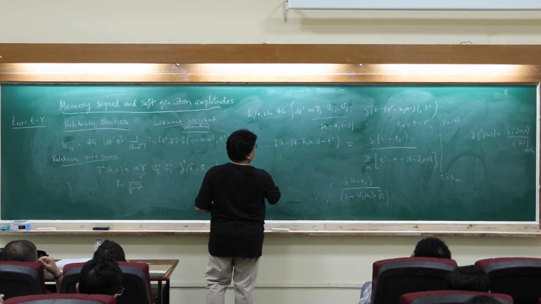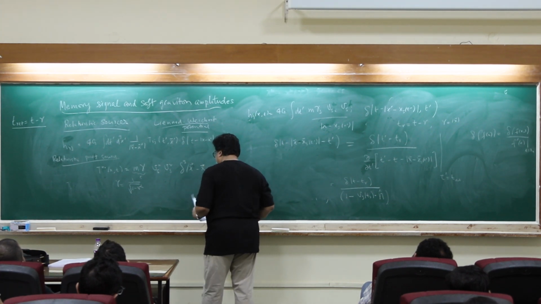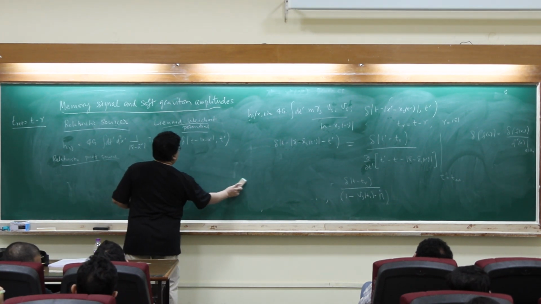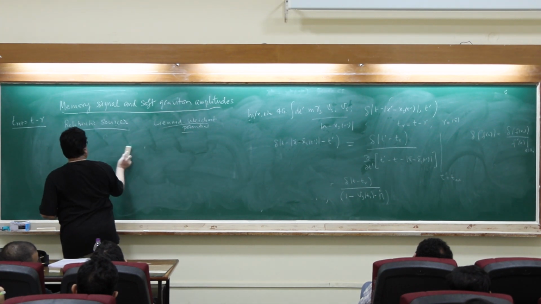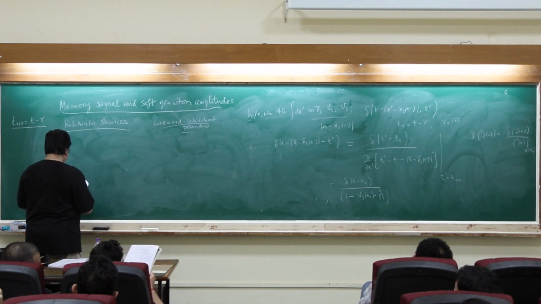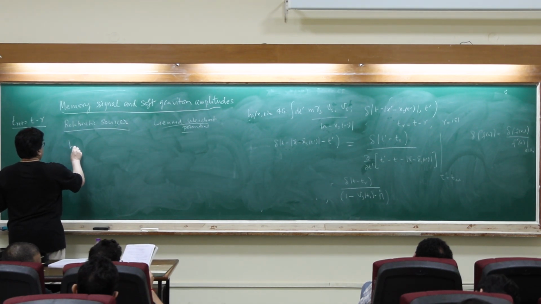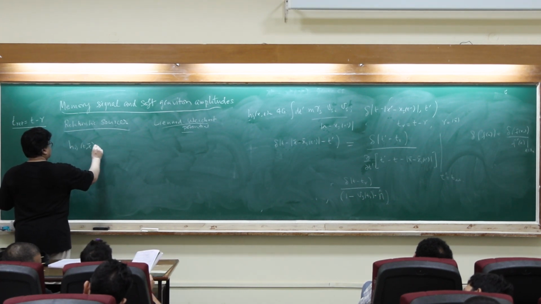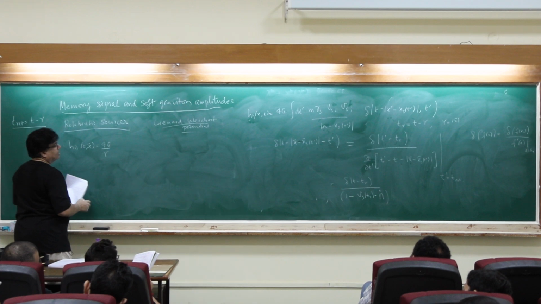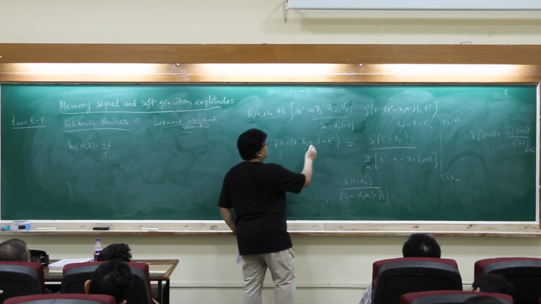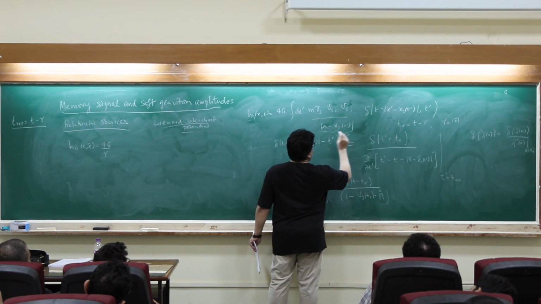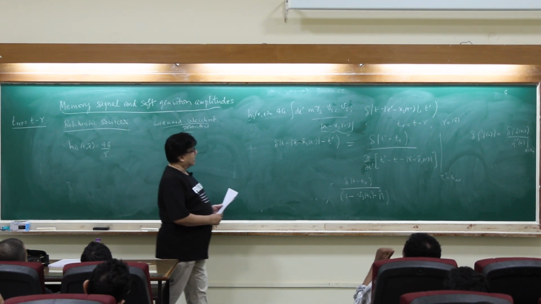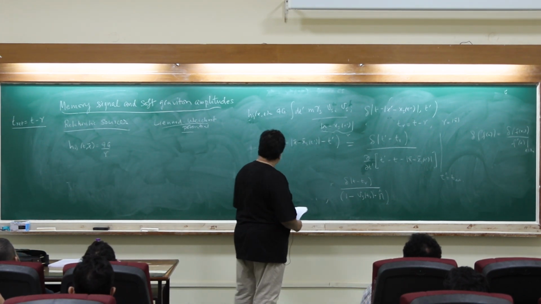So in the end, when you integrate over time, what you are going to get is h_ij^TT is 4G by r, where this comes from this part. This is r. So it's a distant source, but I am not neglecting the velocity now.